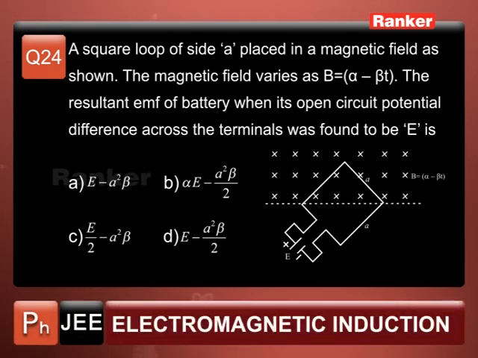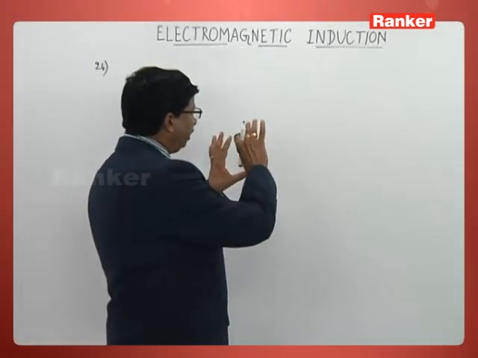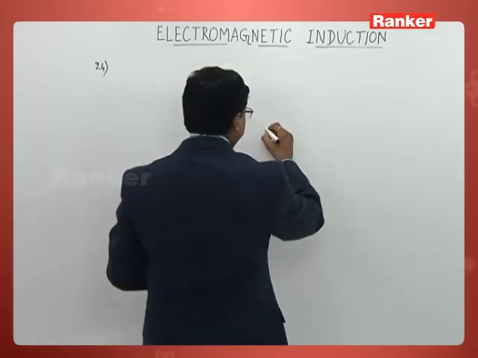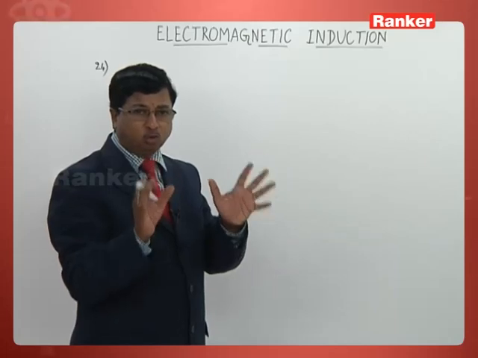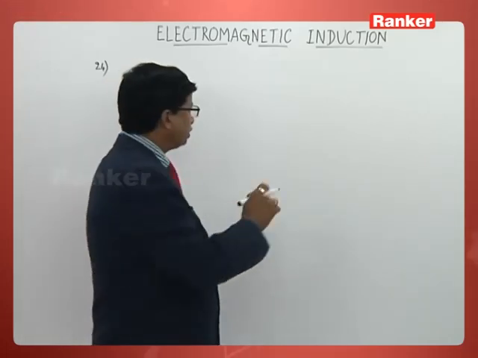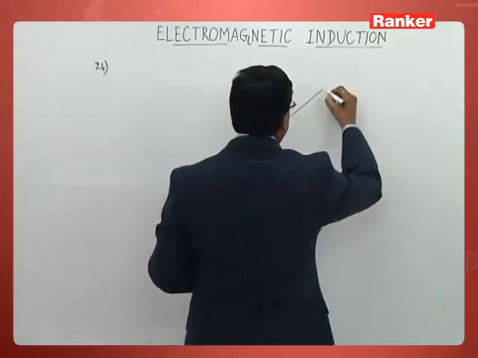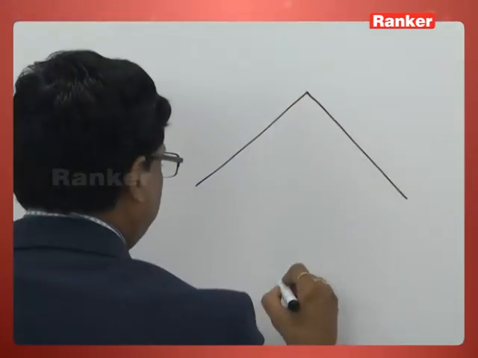So the correct option for this particular problem is the fourth one. It's E minus A square beta by 2. That is the concept. What is the figure he has mentioned? You look at it. He is just talking about a square loop. Square loop has been given this way.